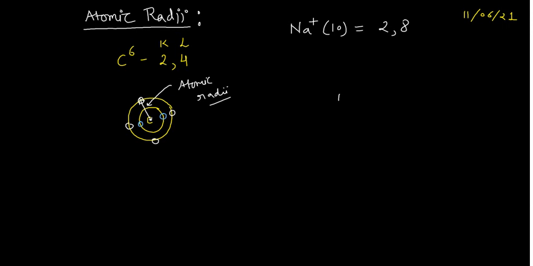Again the same thing: this is the nucleus of the sodium, this is your first shell, the K shell, and this is your L shell. Your K shell is having 2 electrons, and the second L shell is having 8 electrons, 1, 2, 3, 4, 5, 6, 7, 8, and this is positively charged. This is sodium positive, this is an ion.